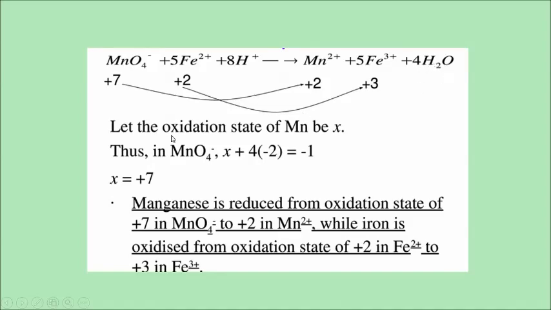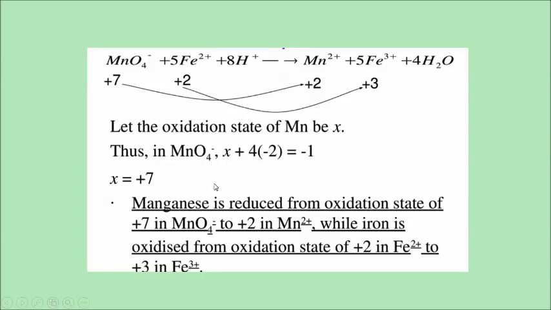Now let's find the oxidation state of Mn. How do we get it? For MnO4-, how do we find the oxidation state of manganese? Put X for Mn. How many oxygens are there? 4.